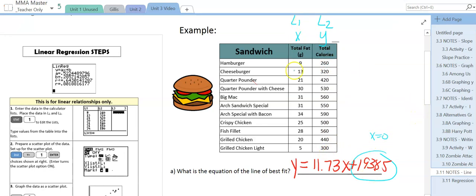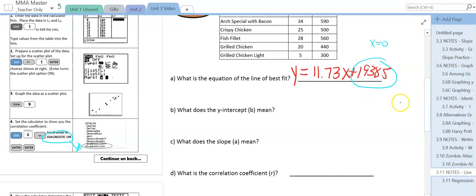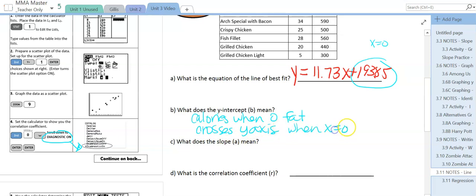So our fat is 0, which means that the y-intercept would be the number of calories when 0 fat. Or it's where it crosses the y-axis when x is 0. So that one can kind of vary just a little bit. It means there's 193.85 calories just with 0 grams of fat. Stuff can't have calories without fat, guys. Okay, look at sodas and stuff like that.